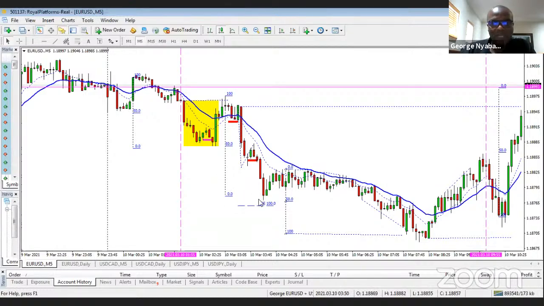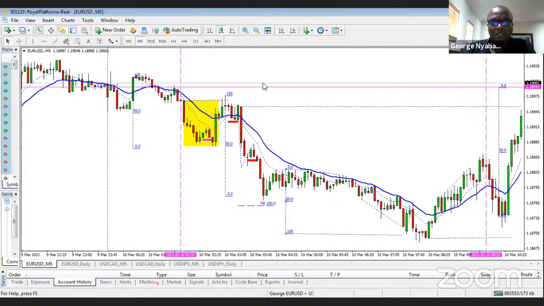So somewhere in between here is where I want to take my profit, because at that point the market notices these levels of hidden support, and there will be some form of pullback. It may continue down, but at least I'll take my profits out.